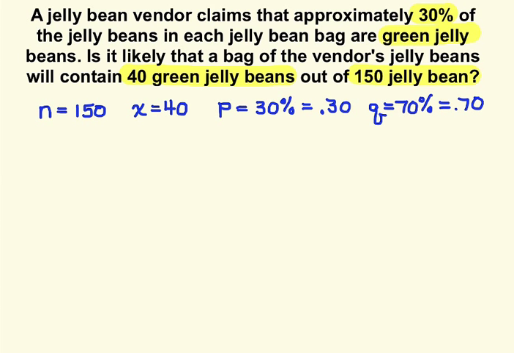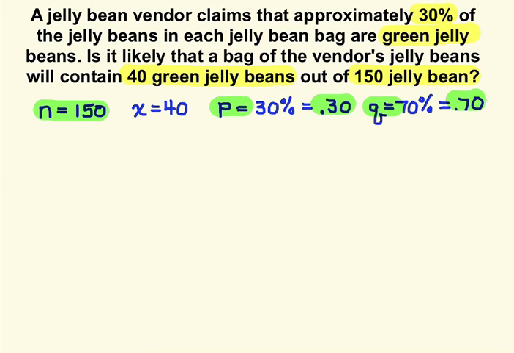Okay, so what are our facts that we're going to work with? Well, N is 150, and P is 0.3, and Q is 0.7.